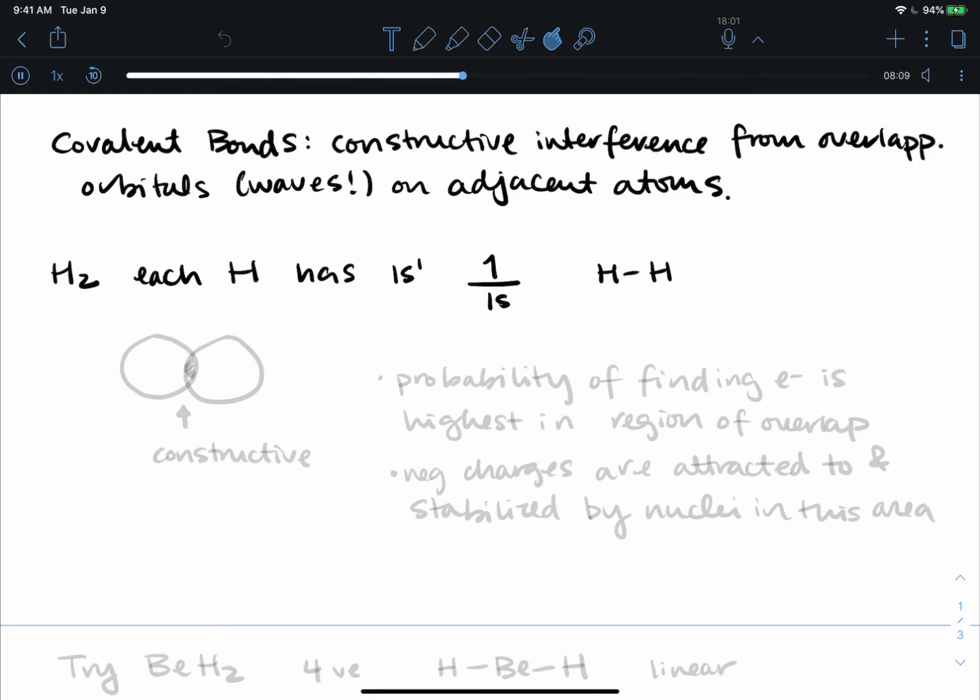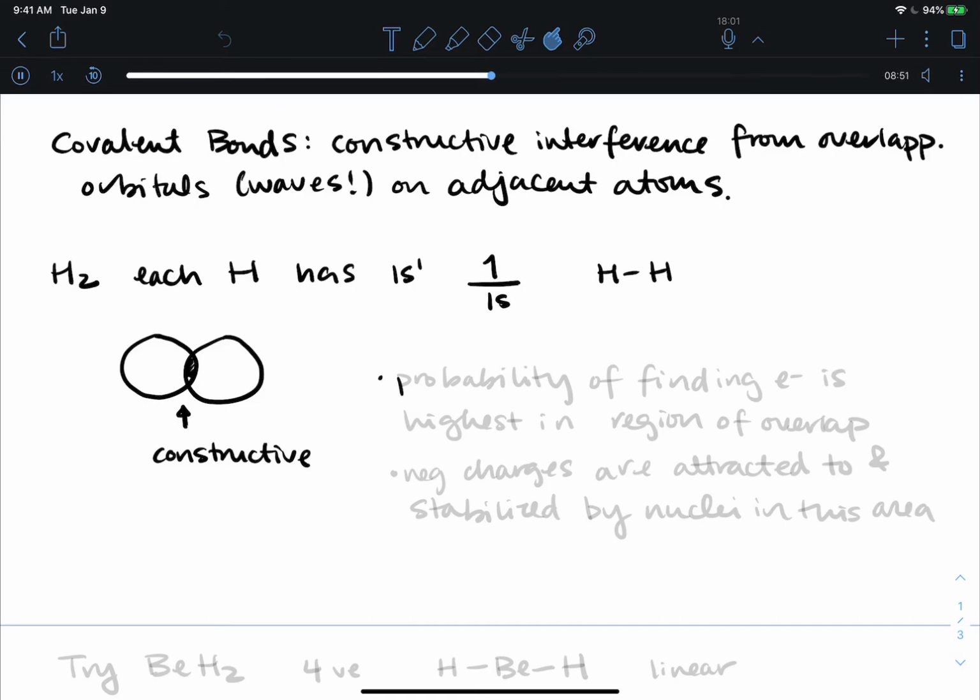So these two atoms, if each one of them has an s orbital and they're next to each other, their s orbitals can overlap, and we get this area of constructive interference if they overlap and have the same phase. So this is where the shading is going to be very important. It'll get even more important when we do molecular orbital theory, but it's important that if we want to show constructive interference, we show things overlapping with the same phase.